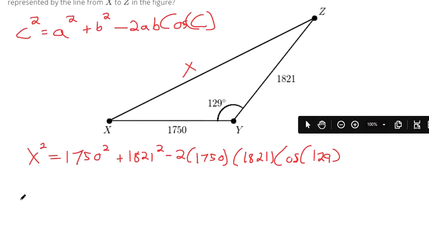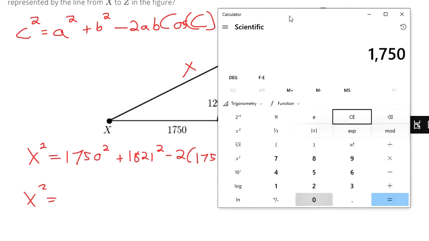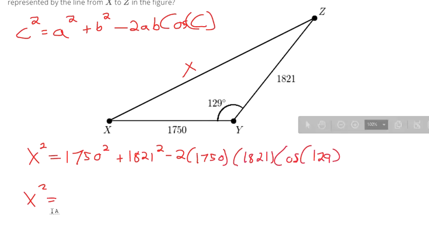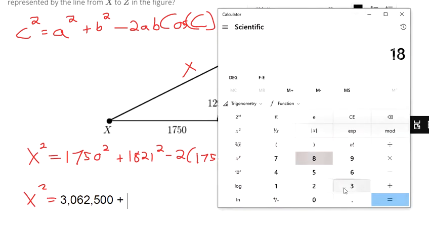Okay? And then this one actually is nice to simplify in a calculator. If you have a scientific calculator, you can punch it in all at once, as long as you obviously get it punched in the correct order. So 3 million here. And then 1,821 squared.